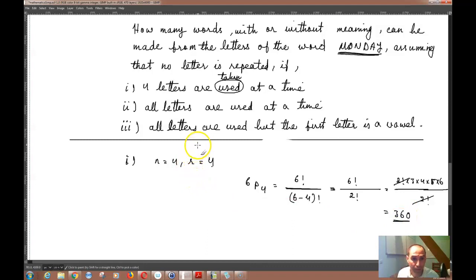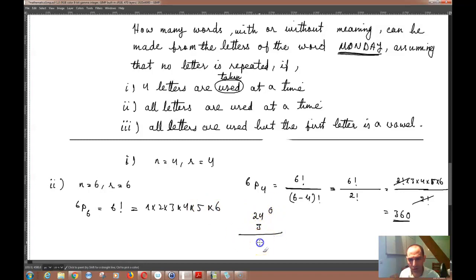If all letters are used at a time, that would be number 2, where n is equal to 6 and r is equal to 6, which means 6 permutation 6, which is 6 factorial, which is 1 times 2 times 3 times 4 times 5 times 6. 24 times 30 is equal to 720, which is the right answer here, right?